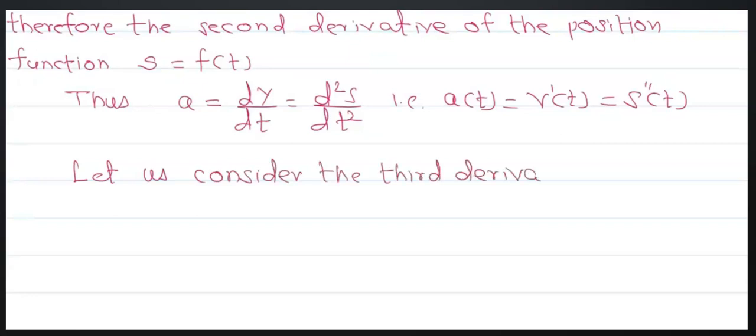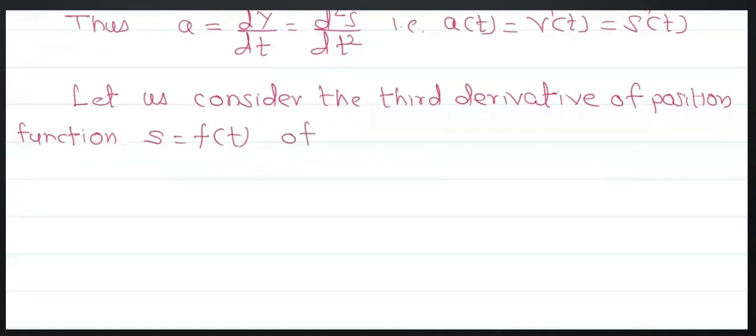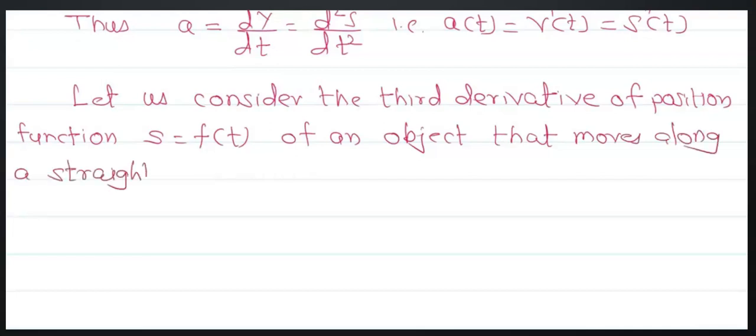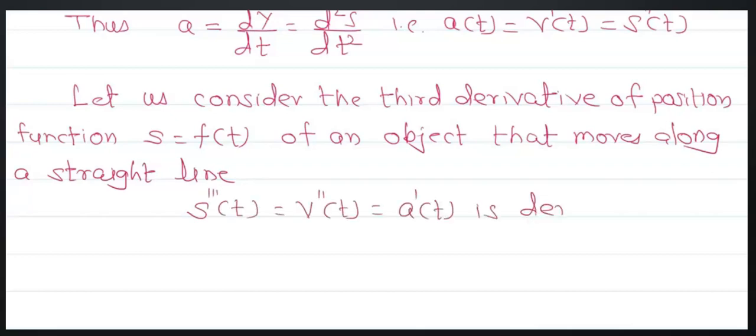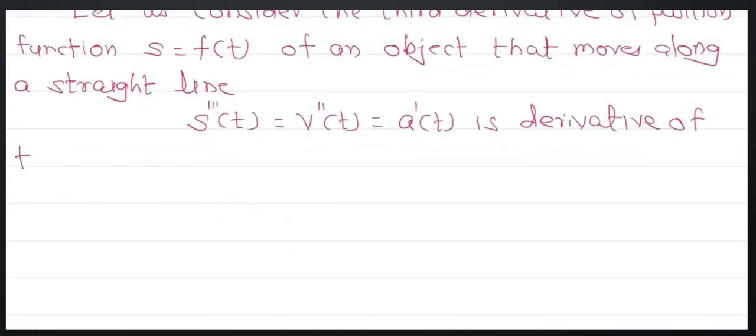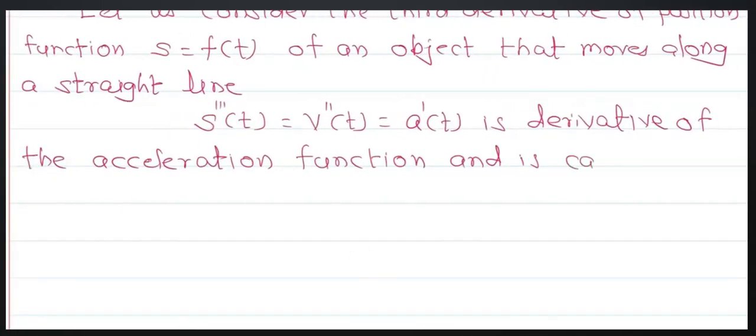Let us consider the third derivative. The third derivative of the position function s equals f of t of an object that moves along a straight line: s triple dash of t is equal to v double dash of t, is equal to a dash of t, the derivative of the acceleration function, and it is called the jerk.